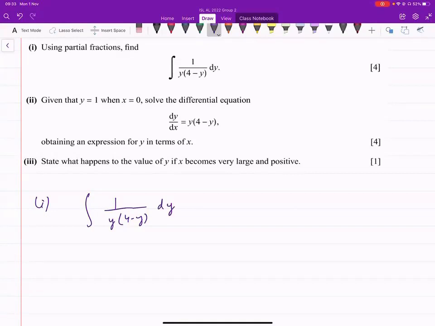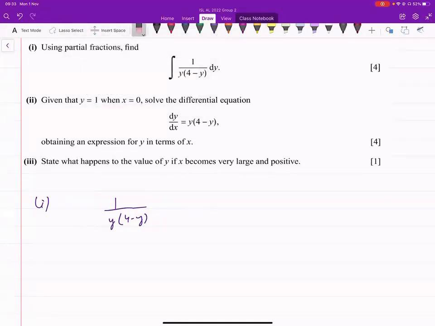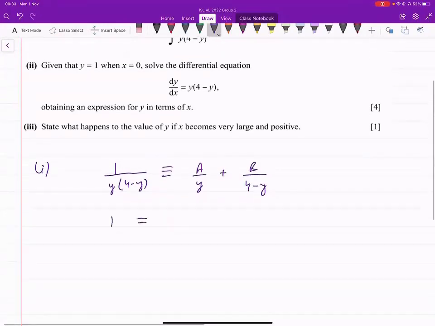You first find the partial fractions for this. इसके partial fractions कैसे करेंगे? You say this is a over y plus b over 4 minus y. And that gives you 1 identical to a into 4 minus y plus by.